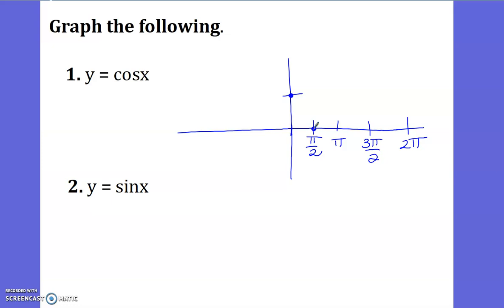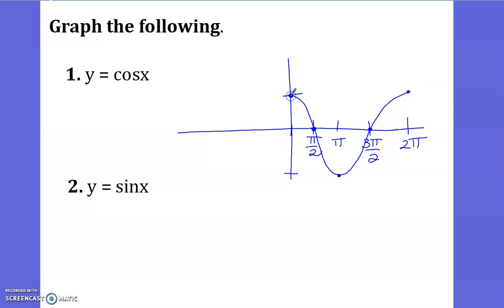And then we saw from the table at pi, our y value is -1. At 3 pi over 2, our y value is 0, and then at 2 pi, our y value is 1. Okay, this is one period of the graph, and we'll get more into that verbiage with the next lesson, but that is one period of the graph.